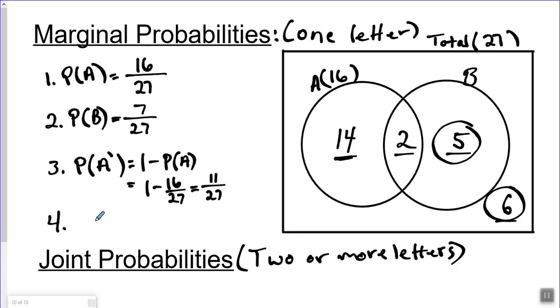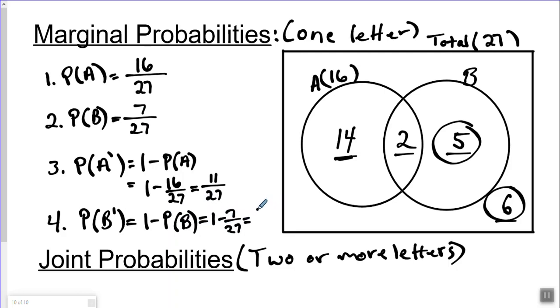On to the next example. Probability of B complement is 1 minus the probability of B. And I'm running out of space, so 1 minus 7 out of 27. I'm going to think to myself, 7 plus what is 27? 7 plus 20 is 27, so I found it, I'm going to write it.